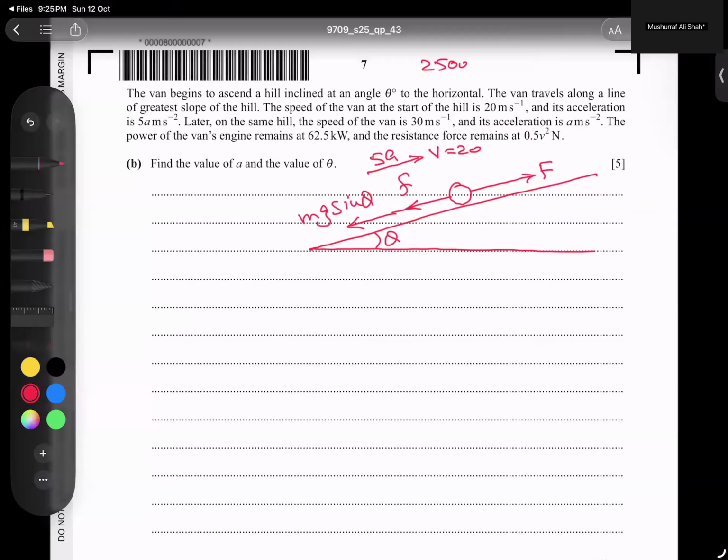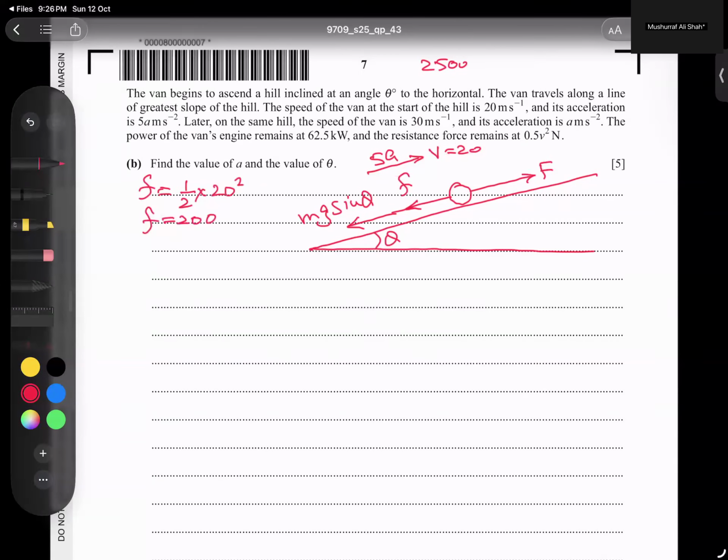So let's apply the formula. First of all, friction. What is the friction formula? You know, half V squared. So 1 over 2, and speed is 20, so 20 squared is 400, divided by 2. So friction in this condition is 200.